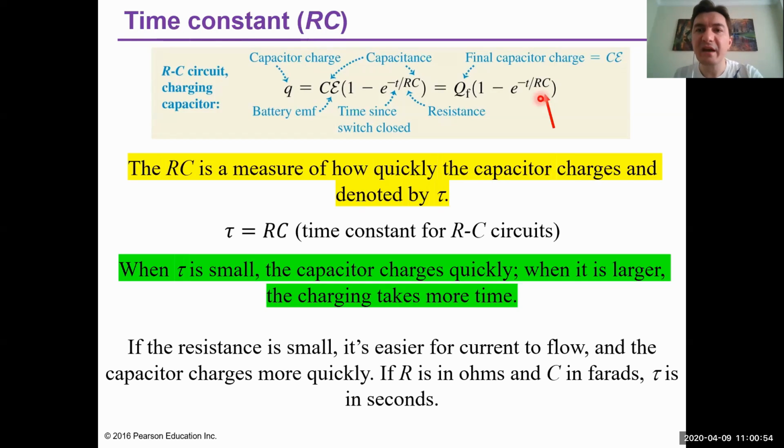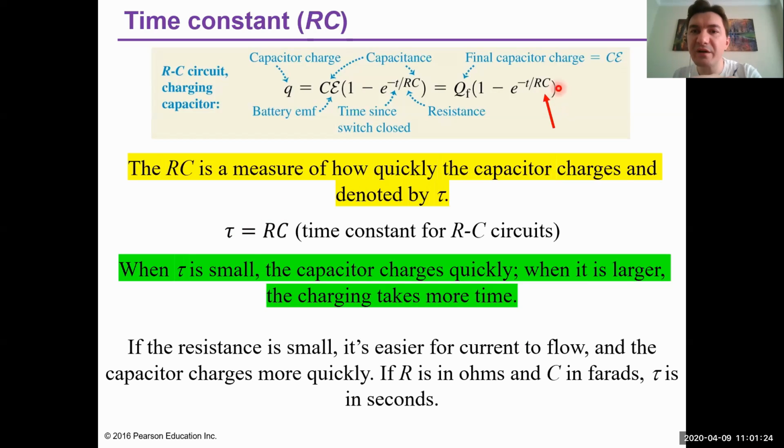RC is a measure of how quickly the capacitor charges and is denoted by tau. Tau gives us RC. So when tau is small, the capacitor charges quickly. When it is larger, the charging takes more time.